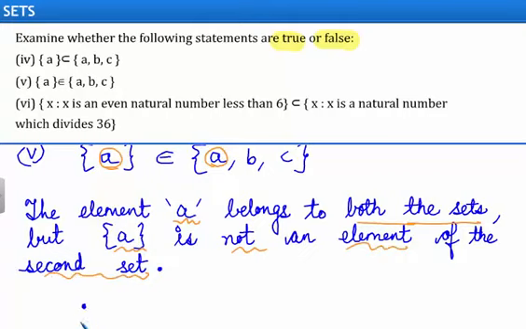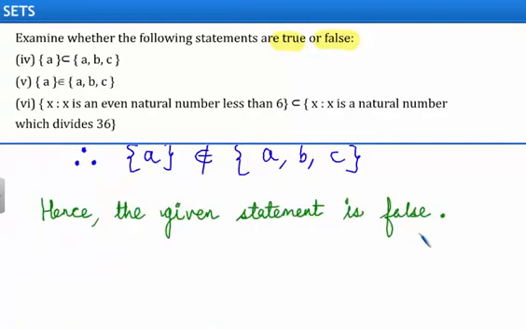Therefore, we can say that the set containing the element A does not belong to the set which contains the elements A, B and C. Hence, we can conclude that the given statement is false.